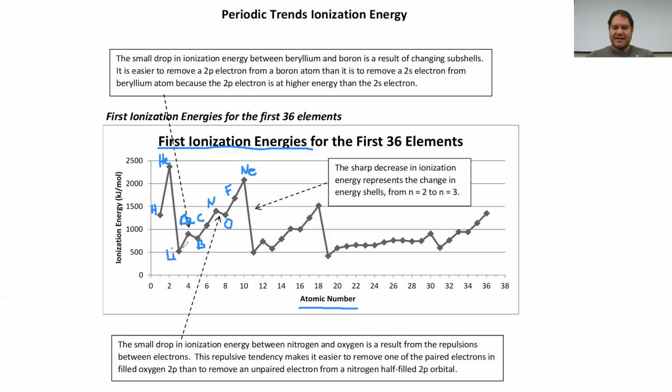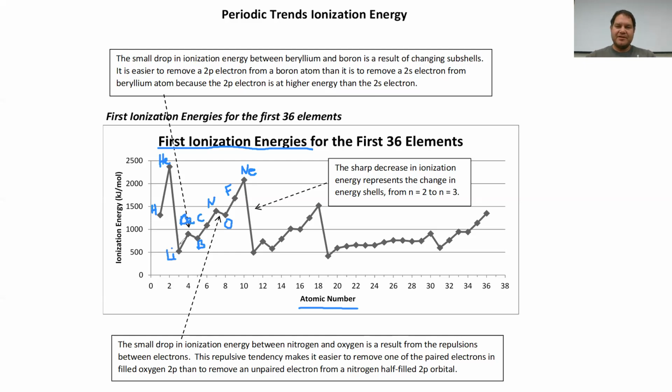Well, let's look at lithium to neon. What's generally occurring across this period? As we go from lithium to neon, we see a general increase in the first ionization energy. There are a few low points, between nitrogen and oxygen, and in beryllium and boron. We're going to come back and address those low points.